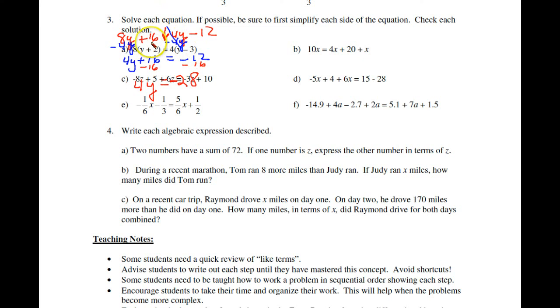Now notice, and I'm kind of jammed for room here, but theoretically what you should have done is written this first equation down, then this underneath it, then this step, and then now you're at this step. Now you have 4y equals a number. You want to get y to be by itself. So we're going to divide usually by the numerical coefficient of the variable, which is 4. We then get y equals a negative 7.